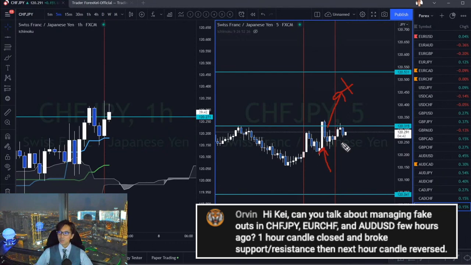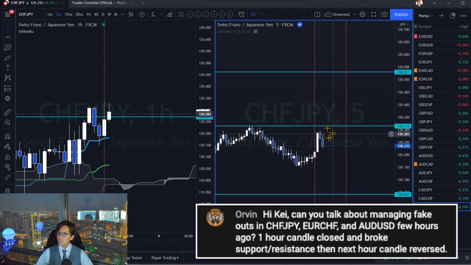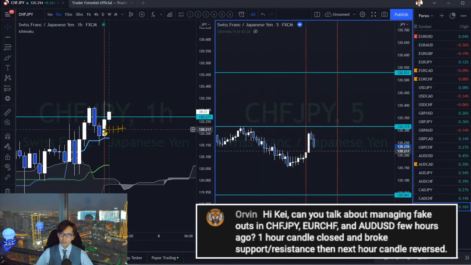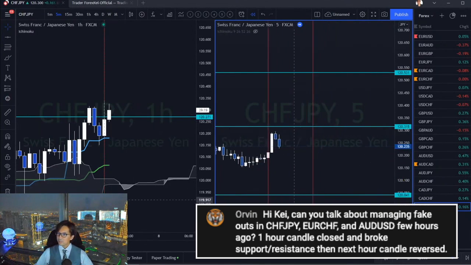This is usually what I do in 5. Let me see if I can do a replay and see here. So this is in 5. We already saw what happened in the 1 hour chart, but let's focus on 5. So the 1 hour chart candlestick is still forming, and it just goes up and reverses backwards.